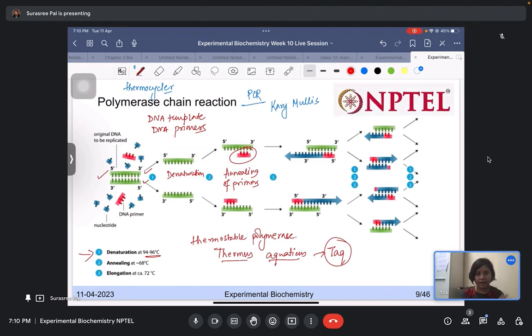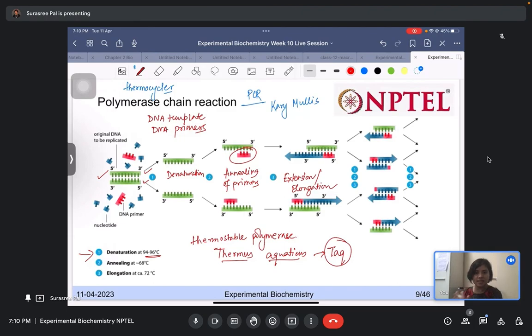Then primers, which are complementary to the DNA strand, can sit on the template strand. The next thing that will happen is elongation, or extension. So now the amplification will begin, the replication will begin.